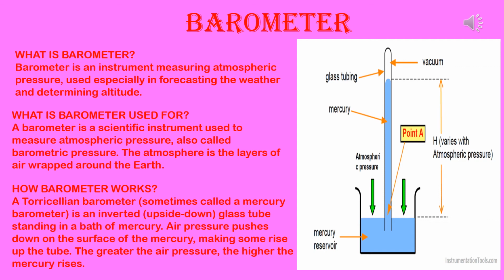Now see the diagram: glass tubing, mercury, vacuum space, and height varies with the atmospheric pressure. Atmospheric pressure is shown by the down arrow at point A, and the mercury reservoir.